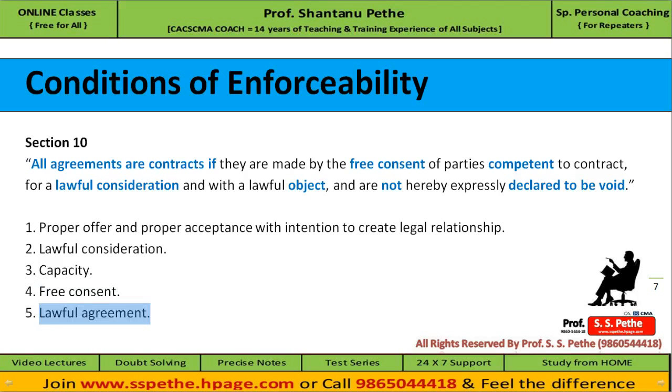The object should be legal and not declared to be void by any law. So now we can see that to become a contract, there should be an agreement, and such agreement is enforceable by law. And what is enforceable by law? It is clearly mentioned under section 10. So section 10 will decide whether an agreement is a contract or not.